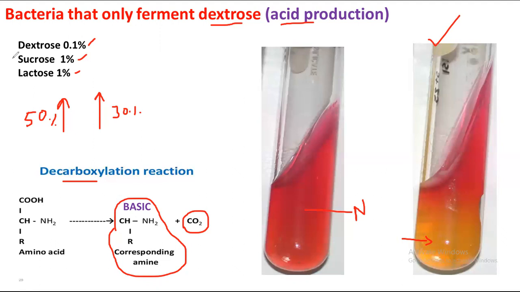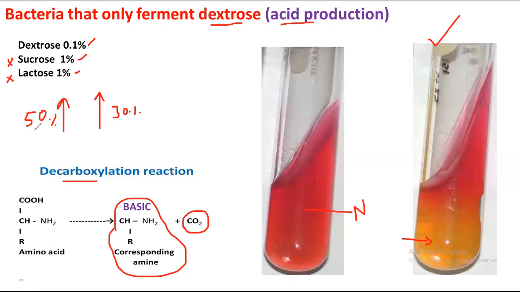And that bacteria cannot ferment sucrose and lactose, so the sucrose and lactose remain the same, and the bacteria continuously ferment dextrose and produce acid. But that acid is not in a very high amount compared to when sucrose and lactose were fermented. The bacteria are also dividing and producing amine.